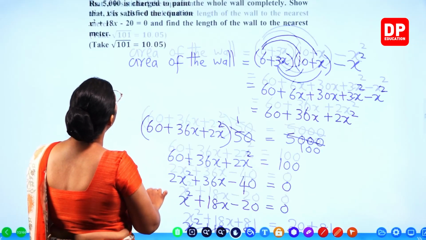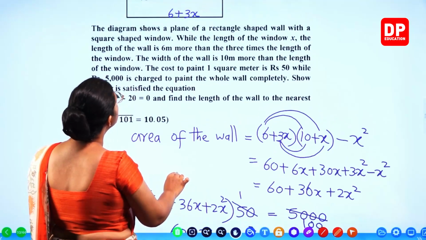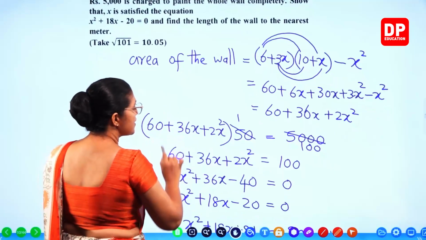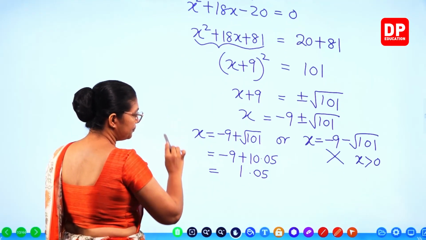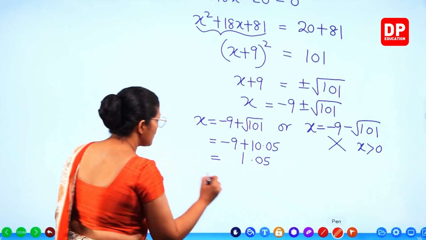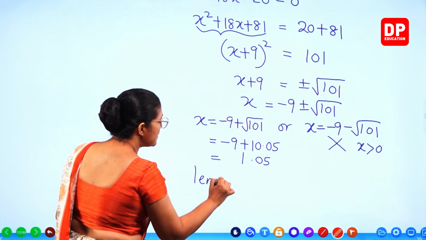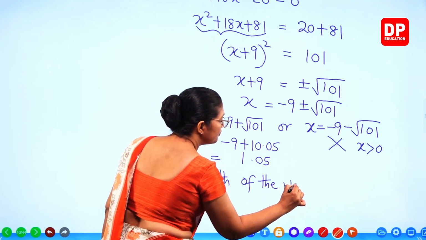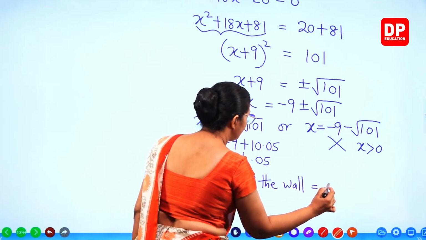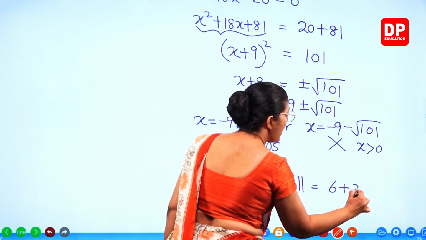So the length of the wall is 6 plus 3x. So the length of the wall is equal to 6 plus 3x.